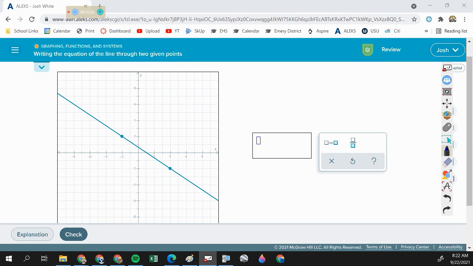If we counted this one, and remember it's always rise over run. How do you remember that? Well, if you want to go snowboarding, you've got to rise to the top of the mountain before you can go down the run. So you do the vertical change first, and then you do the horizontal change.